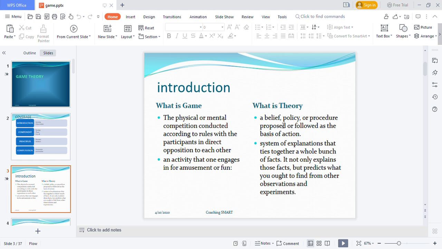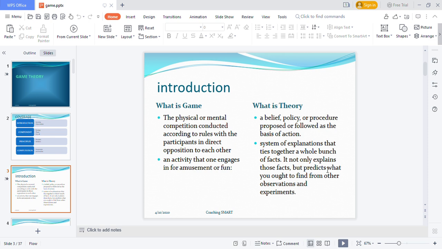What is a theory? A theory is a belief, policy, or procedure proposed or followed as the basis of action. So for you to take action, there are beliefs, policies, and procedures which must be followed. It is also a system of explanation that ties together a whole bunch of facts.